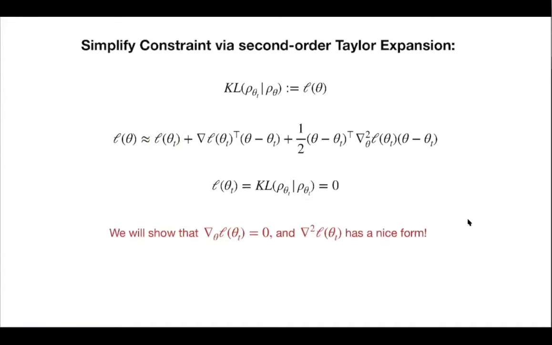Now, maybe a little bit surprising, what we're going to show is that the first order term is also 0. So we're going to show that this gradient is actually 0. And then we're going to show that the remaining formulation is a pretty nice formulation. So at the end of these two steps, we will basically get to this approximation.